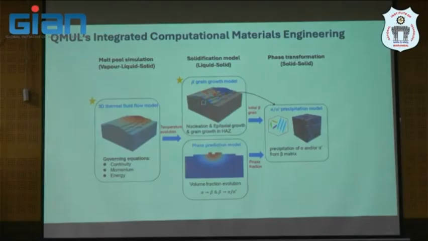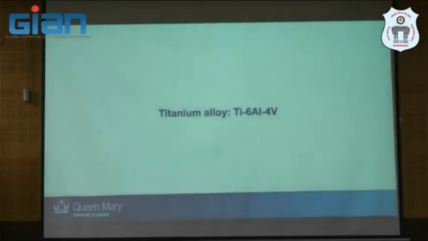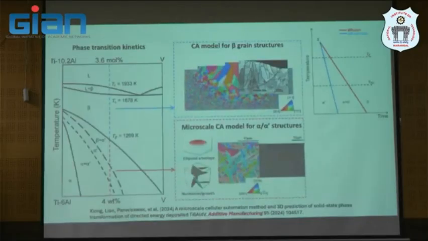Again, this is subject to rapid solidification. I will give you some examples of 2 material systems before we go into the main content on superalloys. The first one is titanium 6-4. This is one of the important materials that you use for implant applications as well.